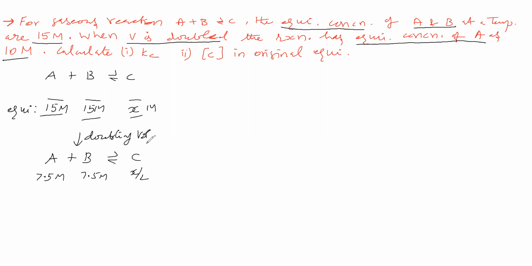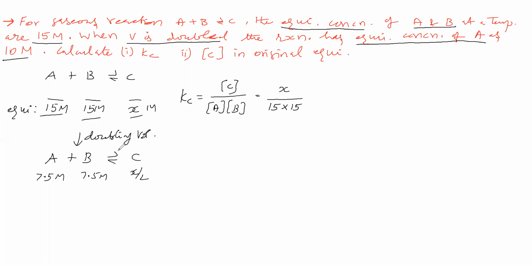To know it, we will take Qc and Kc. This system is at equilibrium, therefore Kc is equal to concentration of C in the numerator, and the denominator will be the left side terms, A concentration into B concentration. C concentration is X, A concentration is 15 molar, B concentration is 15 molar, so we get Kc.